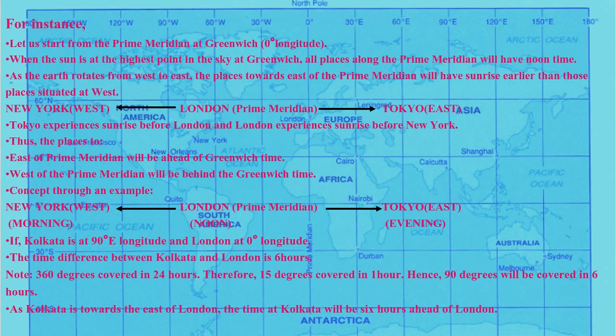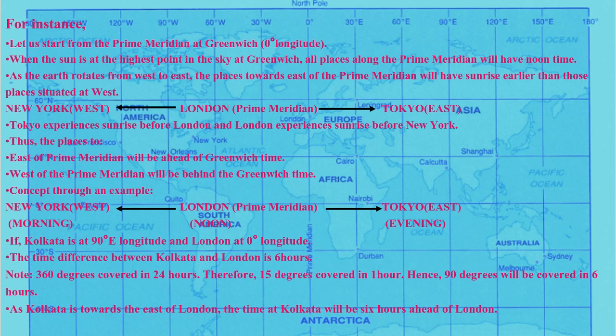Let us start from the prime meridian at Greenwich, which is also called 0-degree longitude, isn't it? When the sun is at the highest point in the sky at Greenwich, all the places along the prime meridian will have midday or noontime.